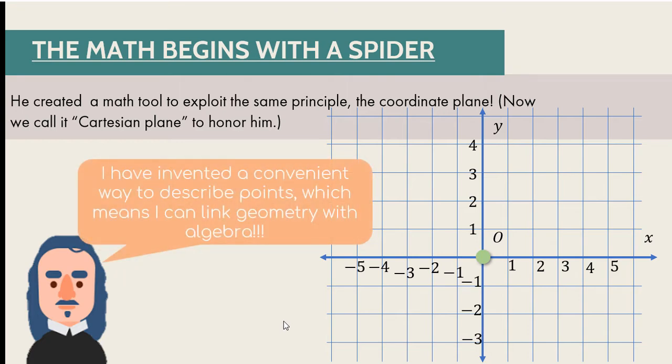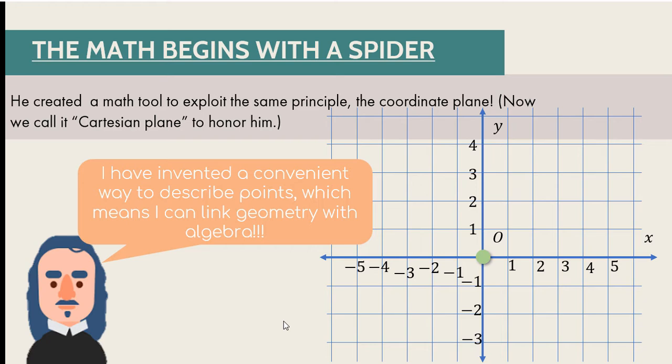So Descartes says that he has invented a convenient way to describe points, which means he can link geometry and algebra. This is a very important meaning of the Cartesian plane, because when we have a difficult geometry problem, we can convert the geometry problem into an algebra problem using the Cartesian plane.